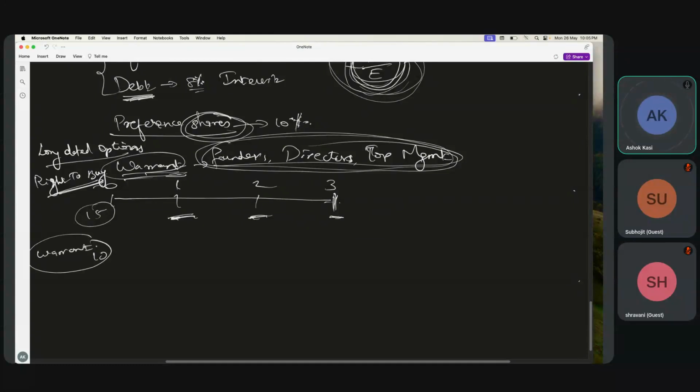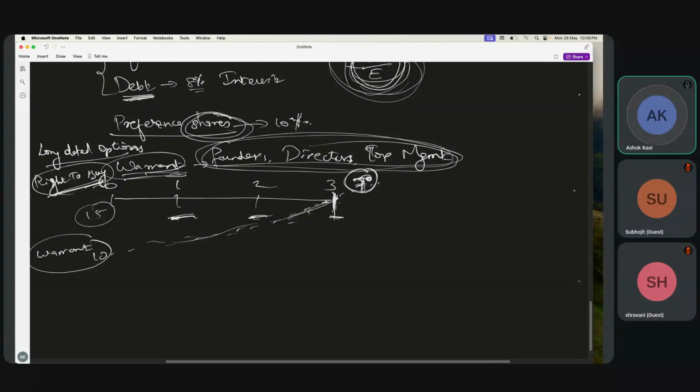Warrant is 10. Now the hope is that they will do a turnaround in the company, and in these 3 years the company's share price will reach probably something like 50, or let's say 70. After 3 years, this warrant will be converted into shares, because this is giving you the right to buy.